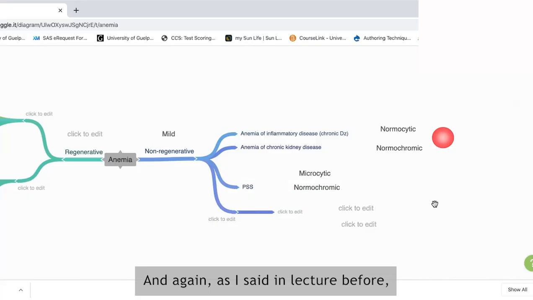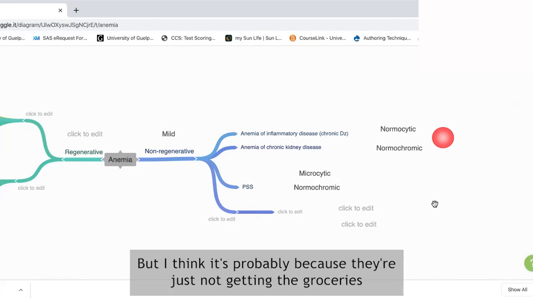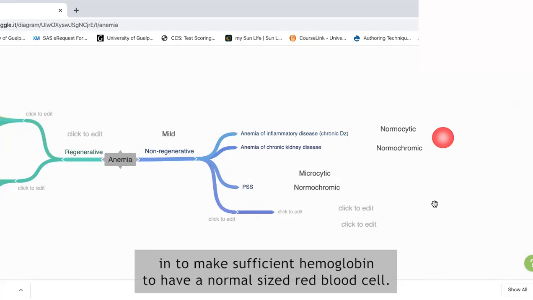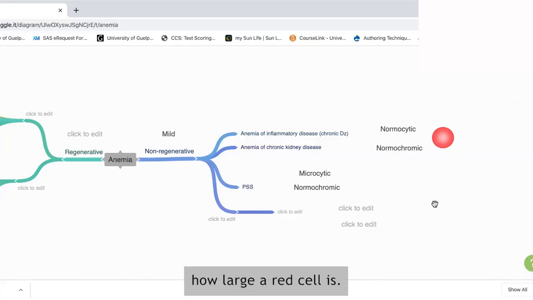And again, as I said in lecture before, they don't know why it's microcytic but normochromic, but I think it's probably because they're just not getting the groceries in to make sufficient hemoglobin to have a normal sized red blood cell, because it's the concentration of hemoglobin that determines how large a red cell is.